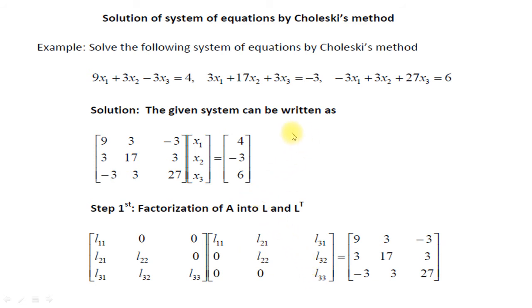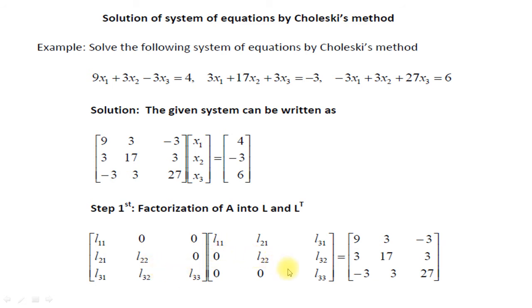Similarly, in the Cholesky method, the diagonal entries of the lower triangular matrix and the diagonal entries of the upper triangular matrix will be unknown, and will be the same representations: L11, L22, L33.